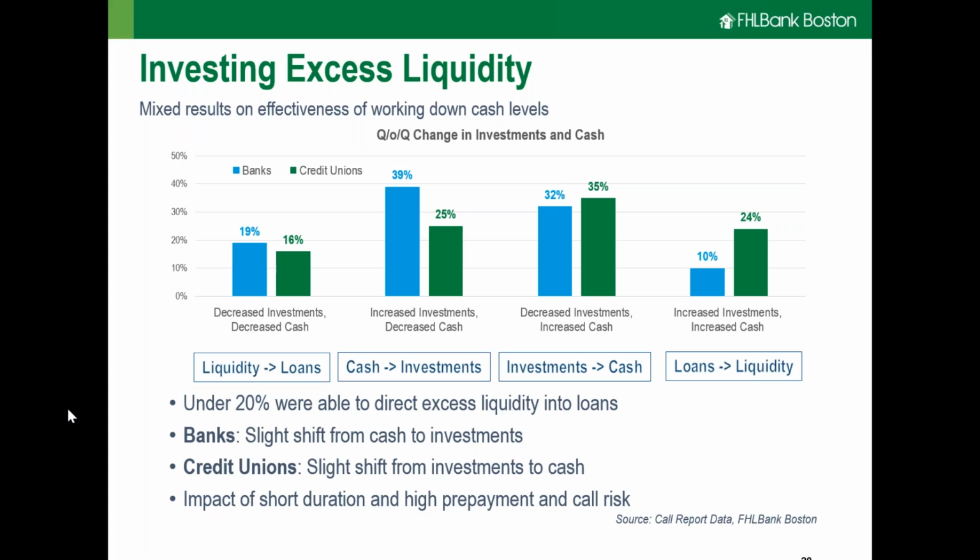So if you look along the left-hand side, we're looking at the breakout of members who have been able to decrease investments as a percentage of assets, as well as decrease cash as a percentage of assets, which would take your liquidity portfolio and shift it into loans, what depositories are trying to do. So that number was pretty slim, under 20%, considering that we were operating off of this base of extremely high liquidity. So the middle two sections just show the shifting between the two categories of investments and cash.